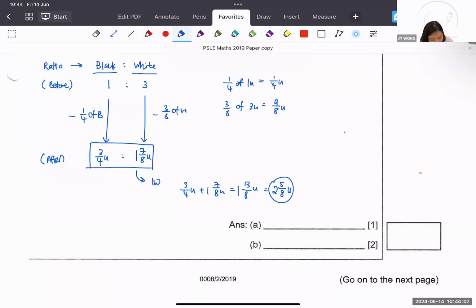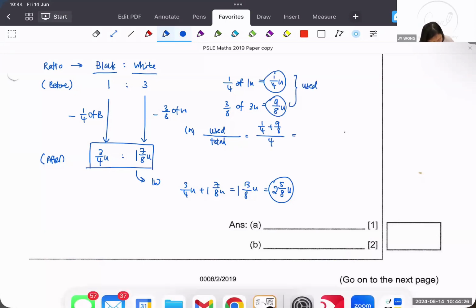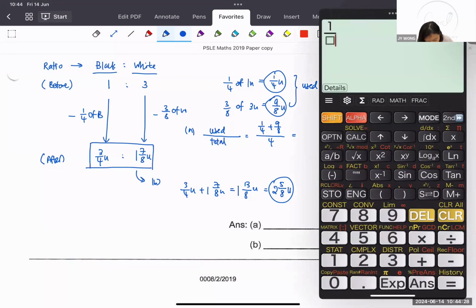So the only trouble with this is that for part A, you have to go and think, in terms of fraction, what's the total number of bits used? So you will put 1/4 plus 9/8, because used is here. Then the total will be 4 units. So if you key this into the calculator, 1/4 plus 9 out of 8, so 1.375 out of 4, you will get 11 out of 32 as well.